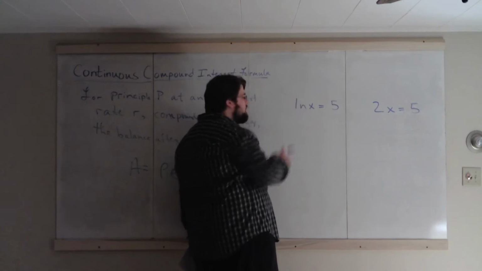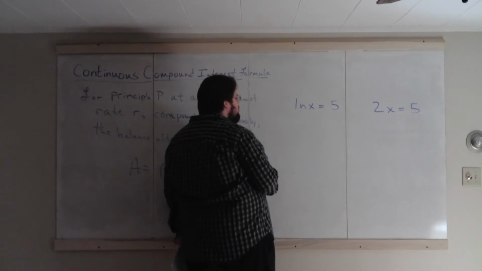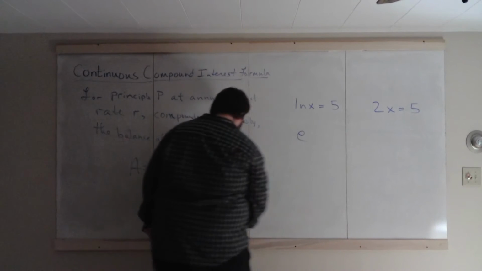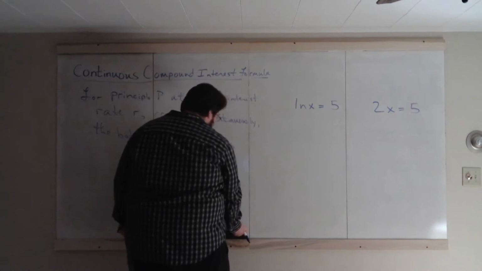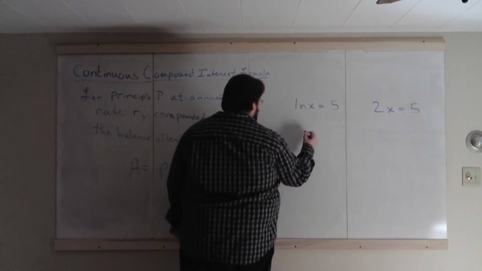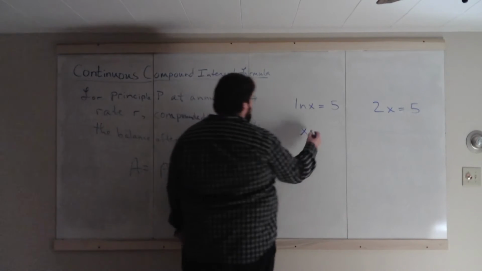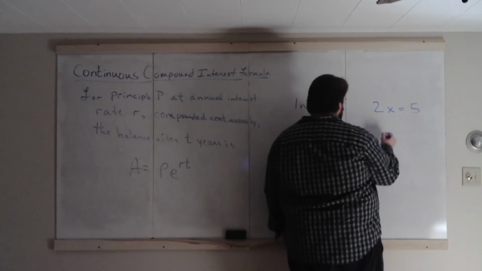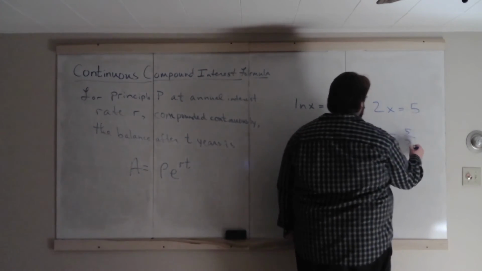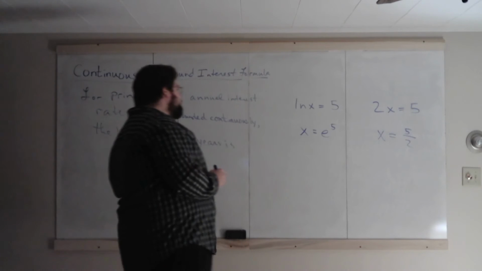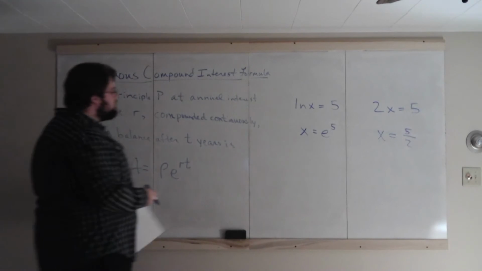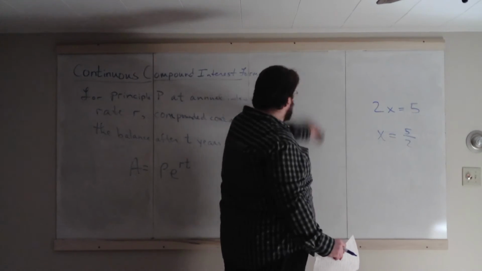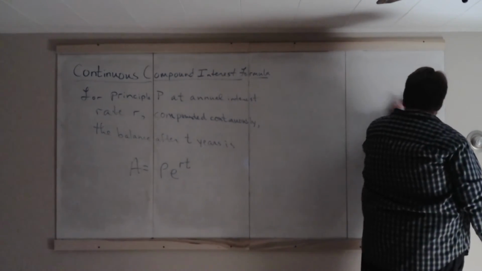Here, we have to get rid of a natural logarithm, and you do that by doing e to everything. E to everything on the left gets rid of everything but the x, and e to the right is 5. Over here, you have to get rid of the 2, so you get rid of the 2 in this case using division or multiplication. Anyway, I'm not going to ask you to solve logarithm equations in this class.